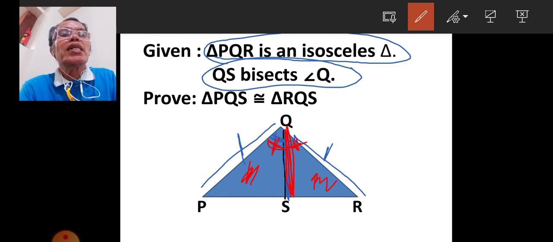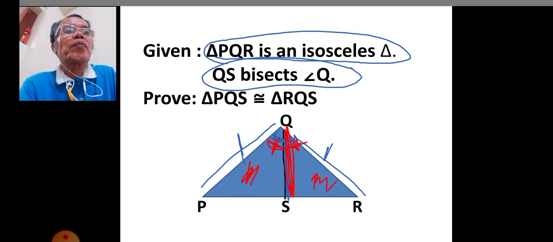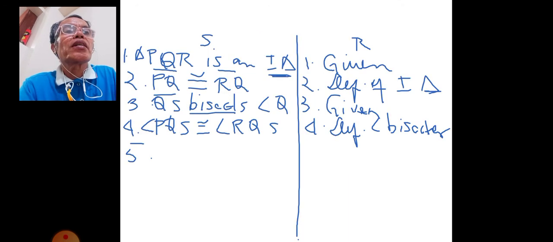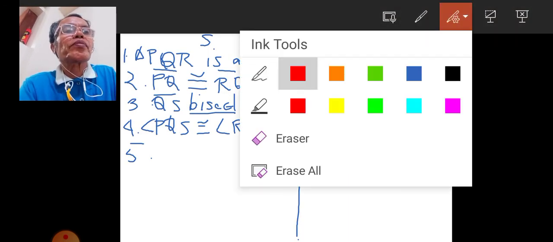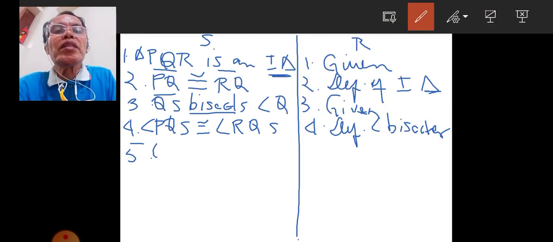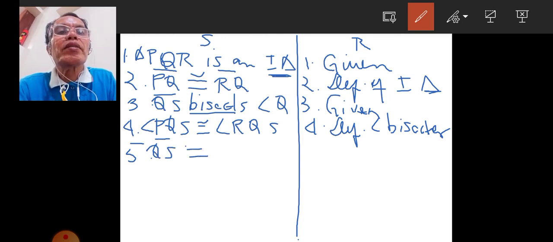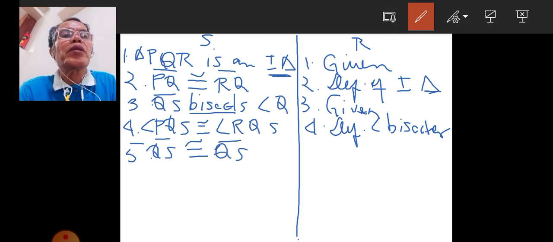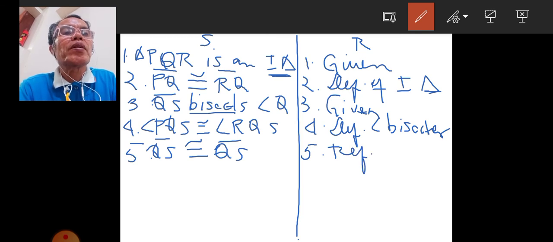So QS is congruent to itself. So segment QS is congruent to segment QS. So what is our reason? Our reason is reflexive property.